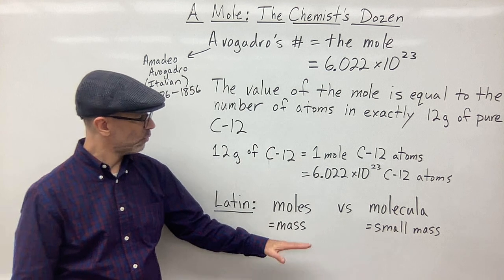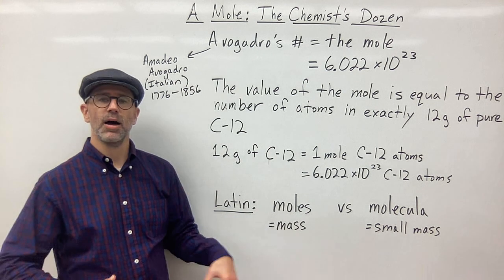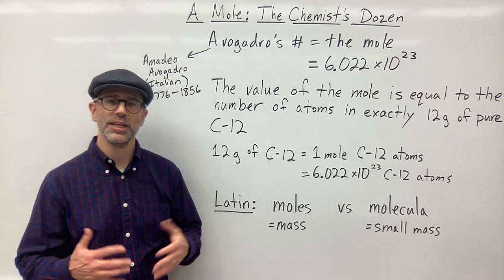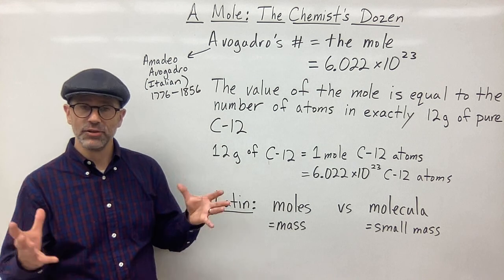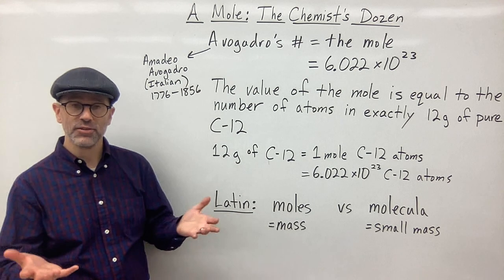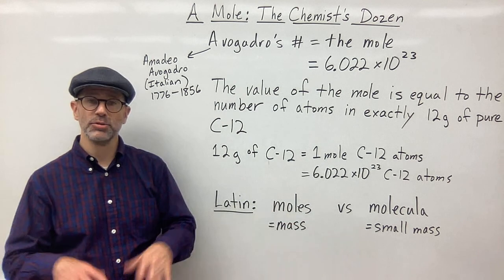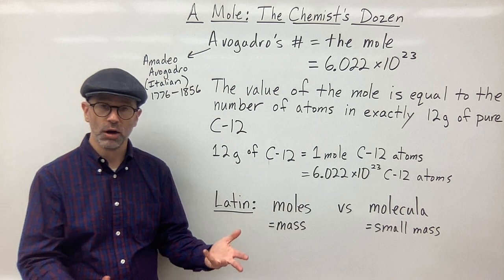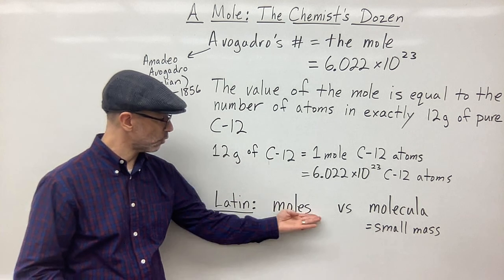And so, historically speaking, when people were referring to the macroscopic world, and they wanted to talk about mass from a macroscopic point of view, they would use the Latin word moles. So if I have a pot of water, I might refer to that mass in terms of this Latin word moles.